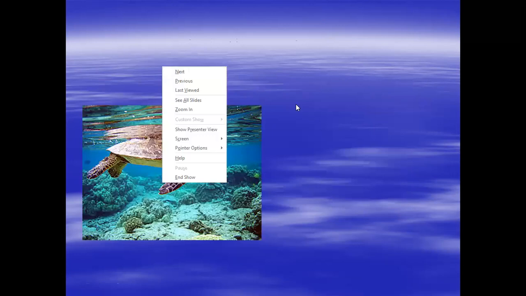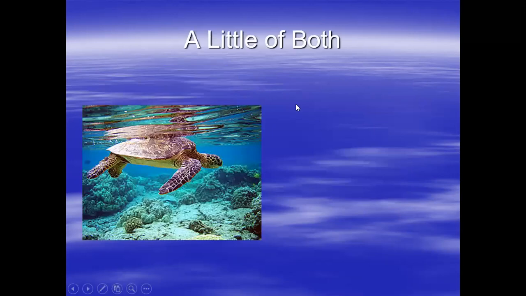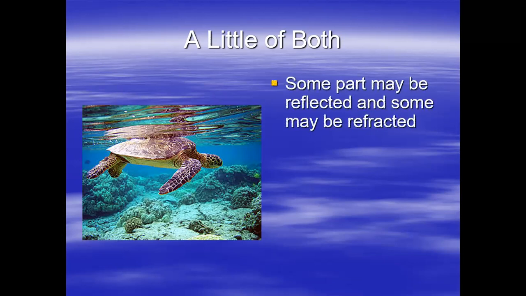Sometimes you can get an example though where you get a little bit of both, because if you can imagine you're going from a higher index material to a lower index and the light speeds up, that angle opens up, it gets larger. So what ends up happening is there comes a point when that angle will get so large that it's 90 degrees. And so at that point, we reach what's called the critical angle.